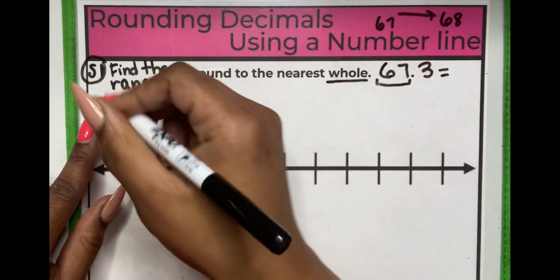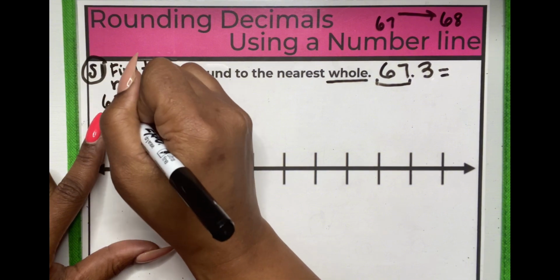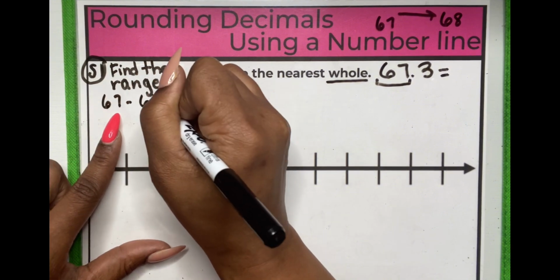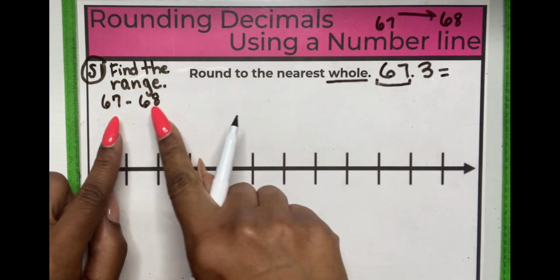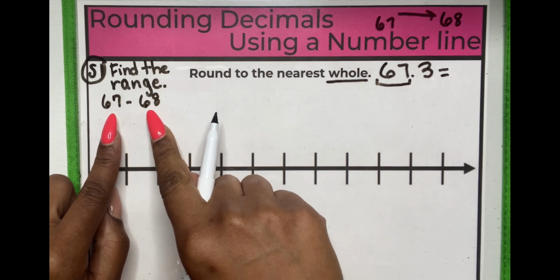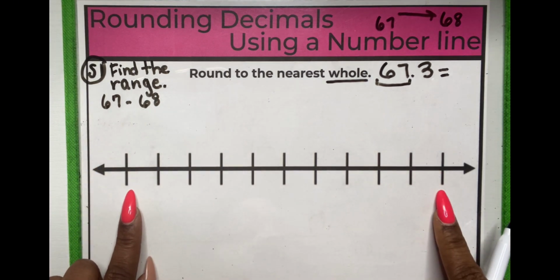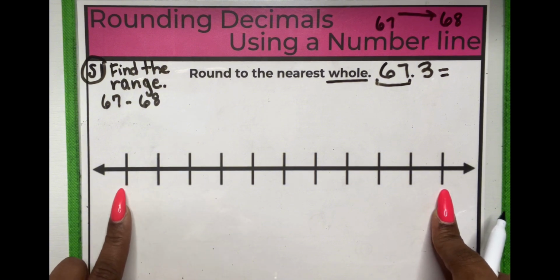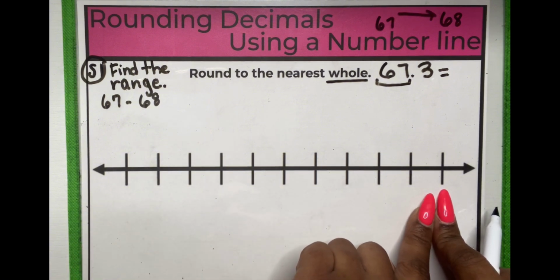Now, the range, 67 to 68, these numbers are now your end marks. This is going to help you to create and accurately number your number line.